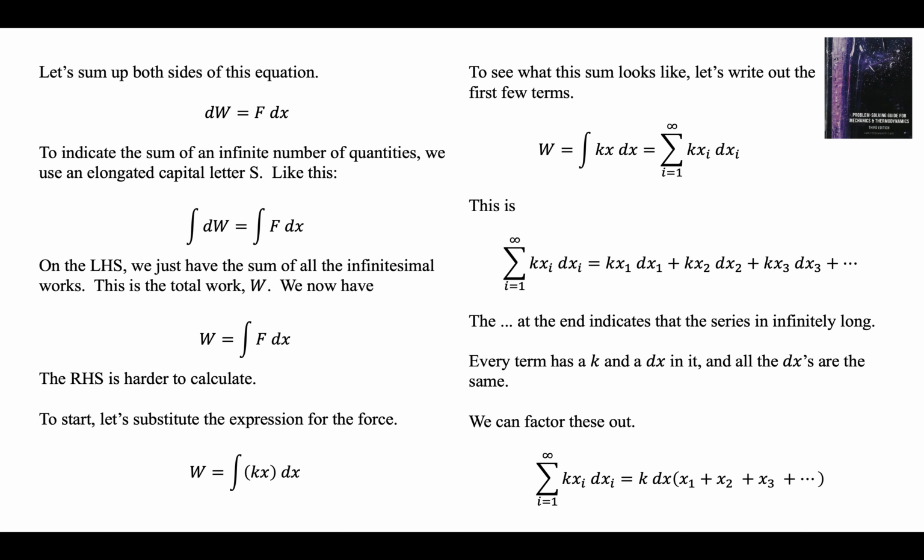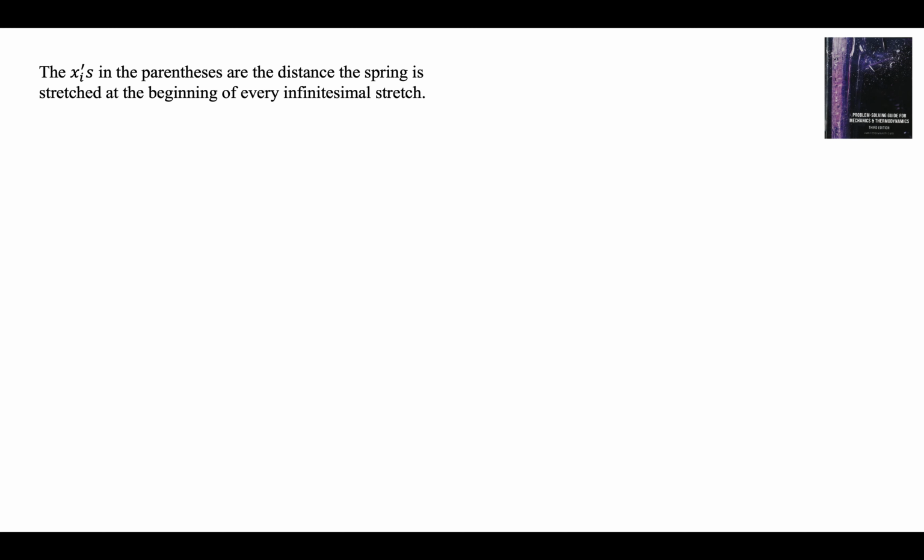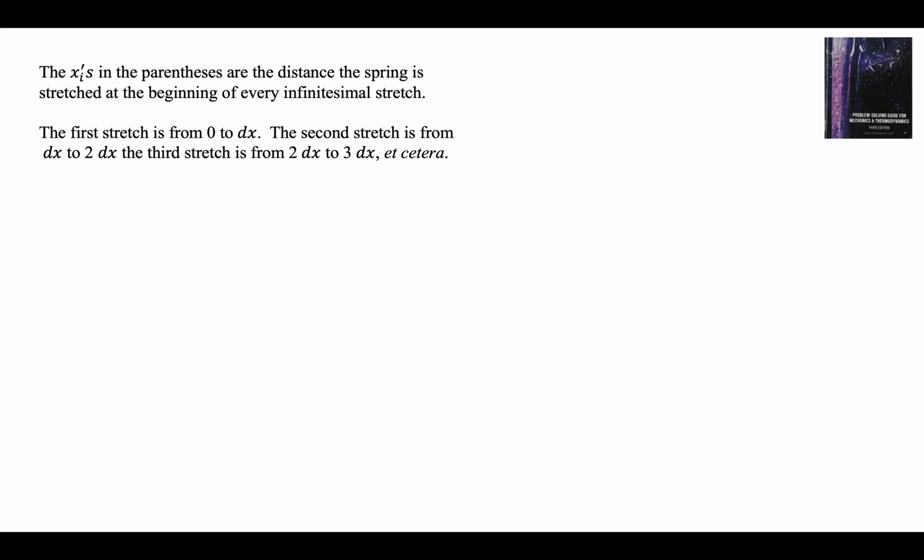So now we have all these x's, and these x's are the distance at the start of the stretch. And how many of those do we have? Infinite. It's a big sum. We're summing up all of them from 1 to infinity. Those are the distances at the beginning of every infinitesimal stretch.